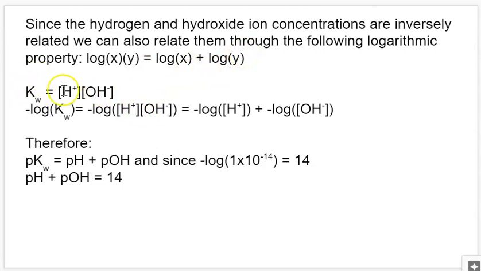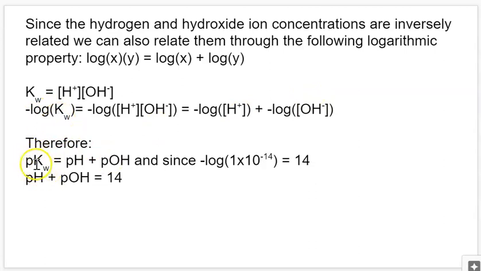And if we apply that to our equilibrium expression, and we do the negative log of Kw, that's going to be equal to the negative log of H plus times OH minus, which is going to be equal to the negative log of H plus, plus the negative log of OH minus. And if you look at these, this is just the expression for pH, and this is just the expression for pOH. And the negative log of Kw, we can call pKw by the same logic.